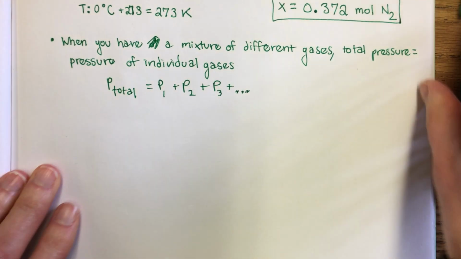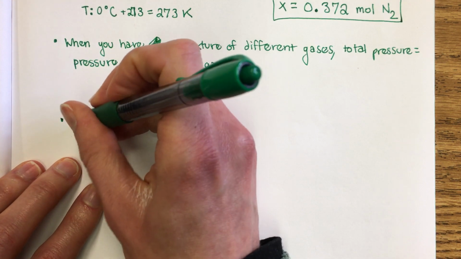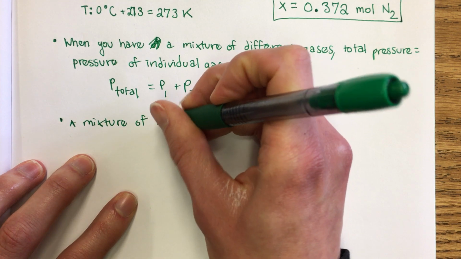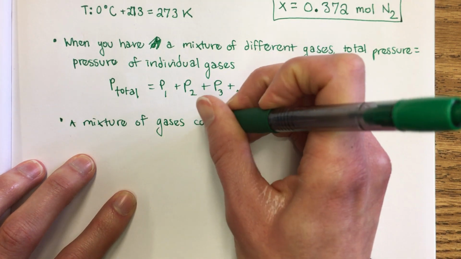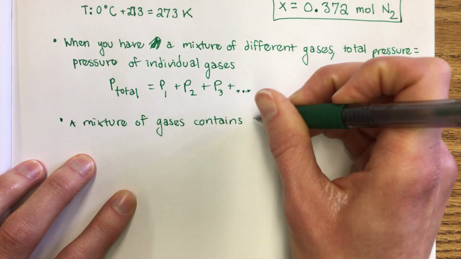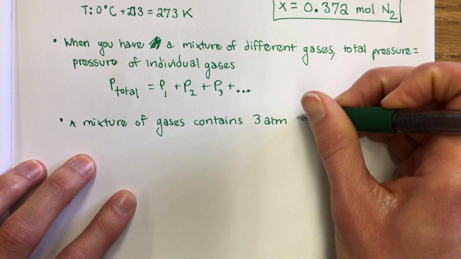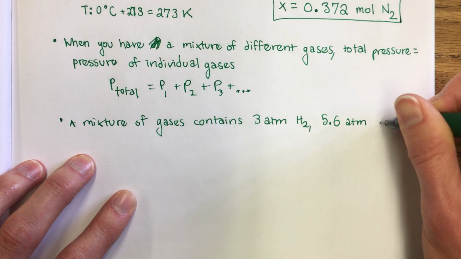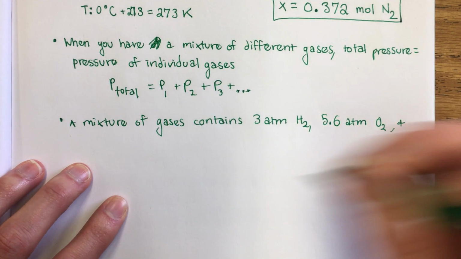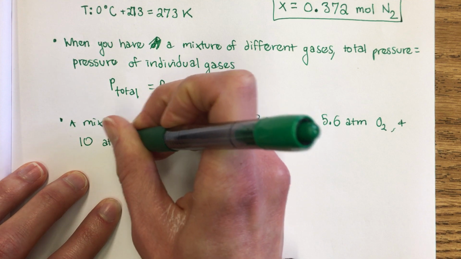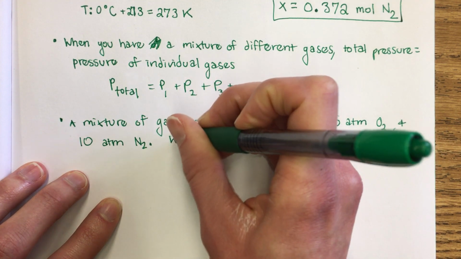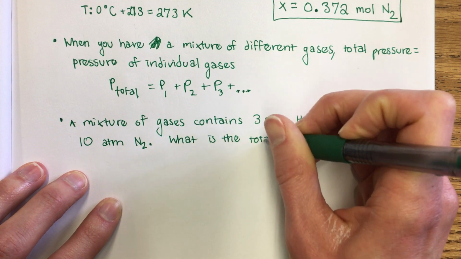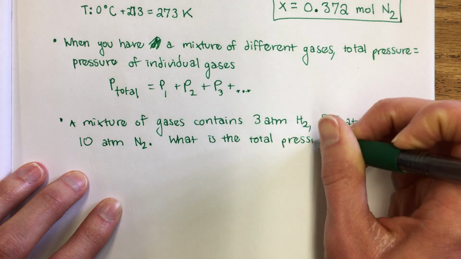So we'll just do one example of this. A mixture of gases contains 3 atmospheres of H2, 5.6 atmospheres of O2, and 10 atmospheres of N2. What is the total pressure? This is actually really easy.